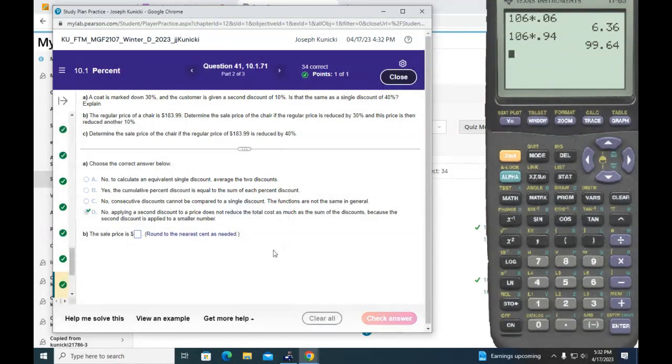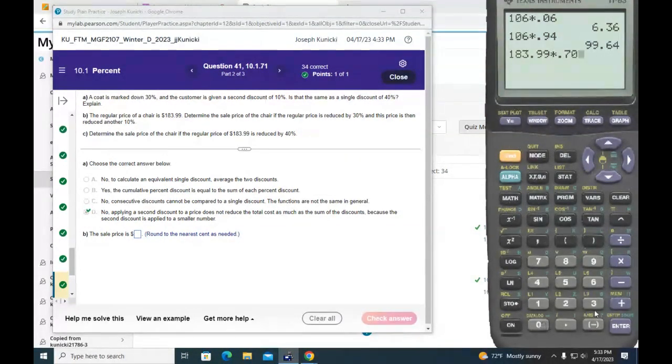Okay, so then they're going to ask us for what the true sale price should be for Part B. The regular price is $183.99. So she gets a 30% reduction, so that's times 70%, right?